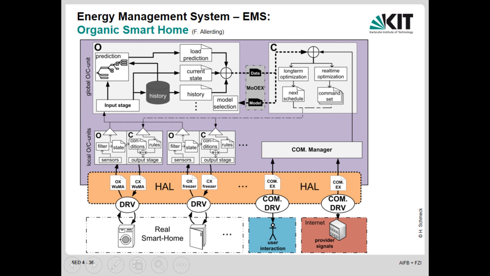And now we have all the information from our systems, from the measurements, from the users. They have put in their preferences. So we have information on how all these nice devices are or can be used, our washing machines, the fridge, and so on. We get information from the user. We have information from the internet. And then we would like to use that in a reasonable way in the energy management system.